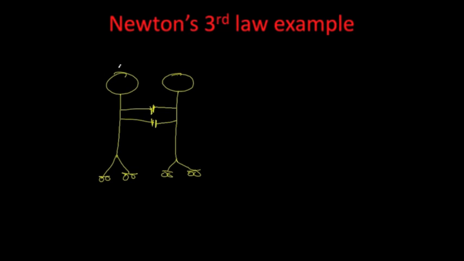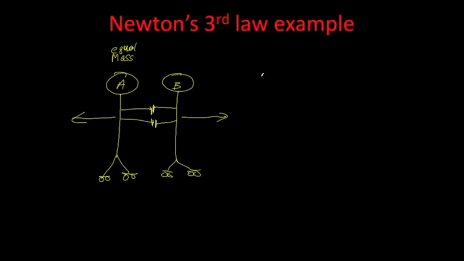If they have equal masses, okay, when they push each other, they will move in the opposite directions. So if student A pushes student B, if they have equal masses, they will move in opposite directions at the same rate of acceleration, okay, because the force applied is equal and opposite.